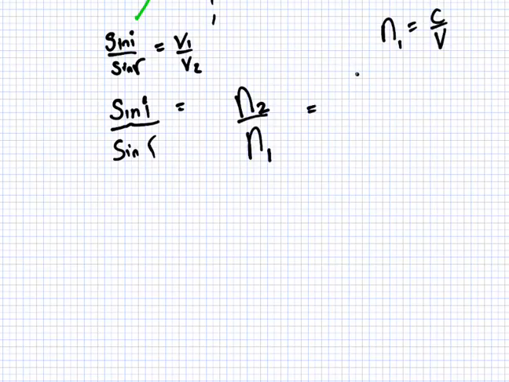It's going to be C over V2 over C over V1. The C's cancel and you still get what I just had a moment ago. So isn't the refractive index of air 1, so N1 is just 1? Instead of finding C over V, just 1.